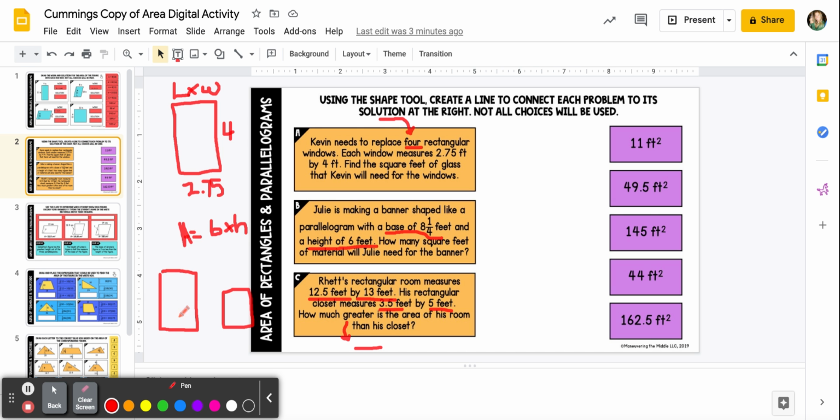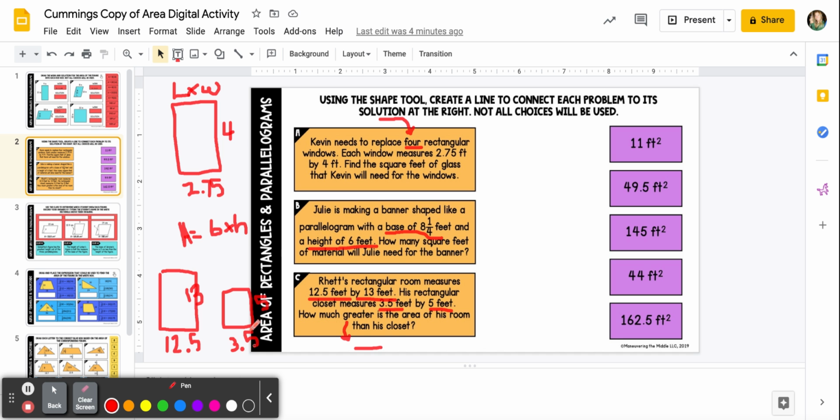So this is 13 and this is 12.5. You have to figure out the area of that room by doing length times width. Write that answer down somewhere so you don't forget. Then over here, you have to do 5 times 3.5.